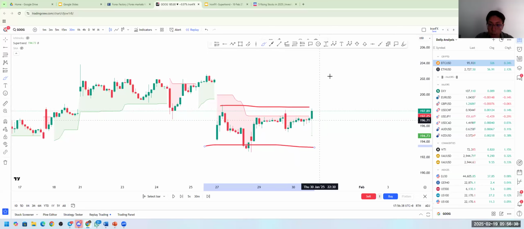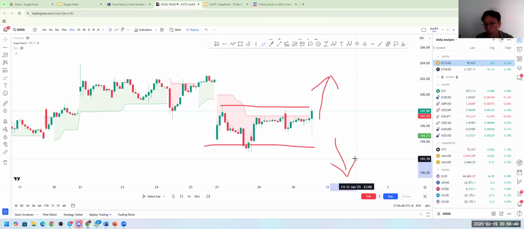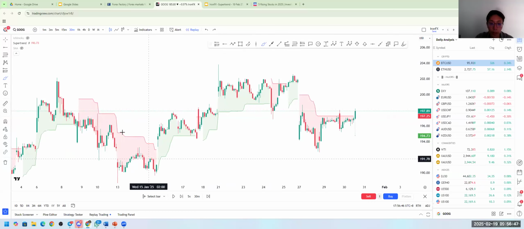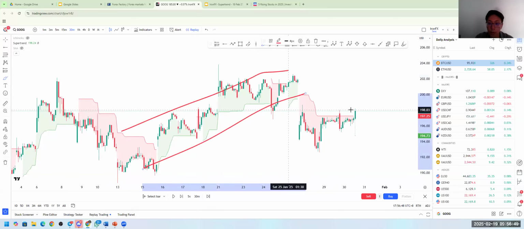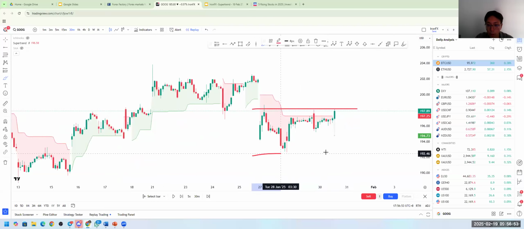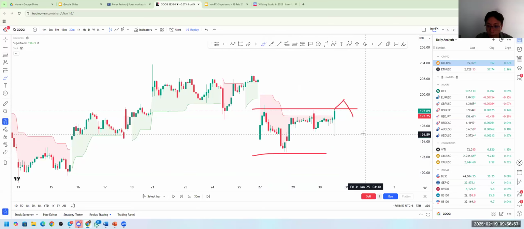So either go up or go down. There's only one of these two options, because it seems to me there's no trend. This is a trend. This is not a trend. This is just consolidation. So what happens to consolidation? It will definitely break either upside or downside, correct?